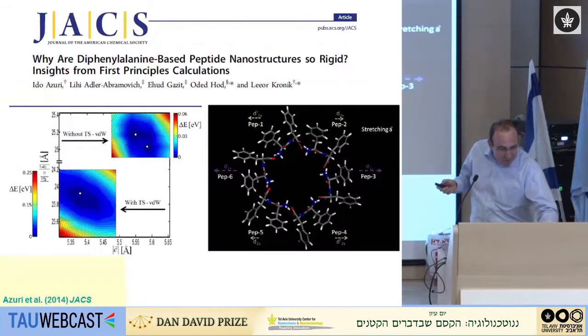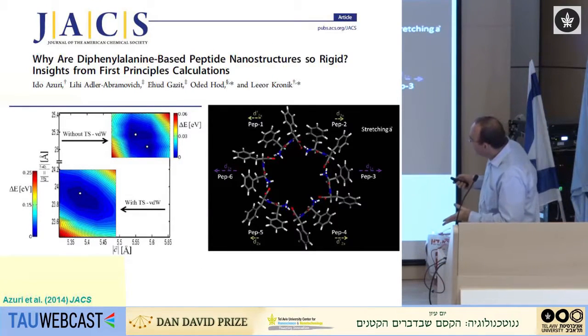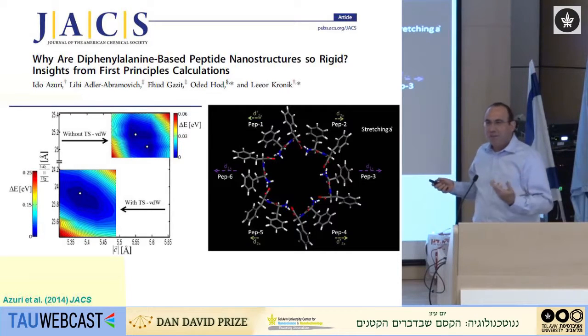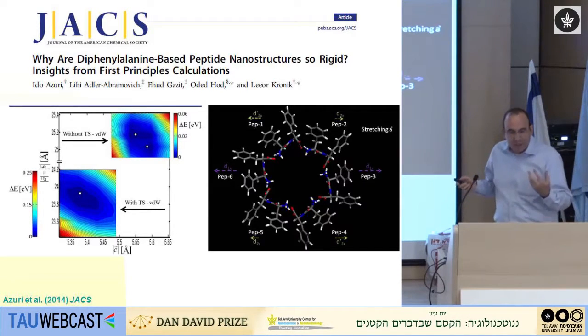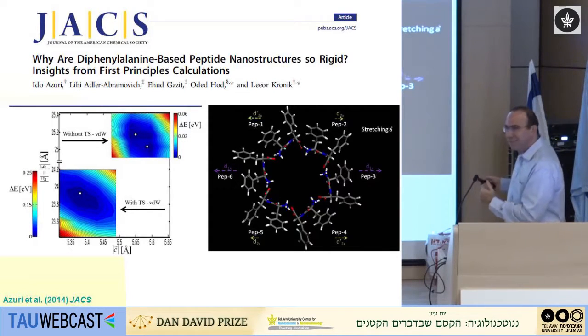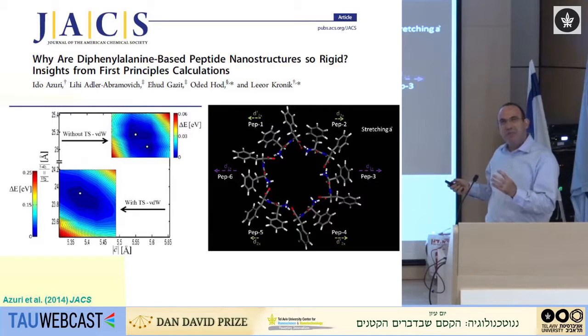We are now collaborating with physicists to try to understand the basis for the rigidity of the structures. The advantage of our minimalistic approach is that you can now use not only classical mechanics, but also DFT and quantum mechanics methods to understand it. We still have many mysteries in trying to understand the physical basis for the rigidity.